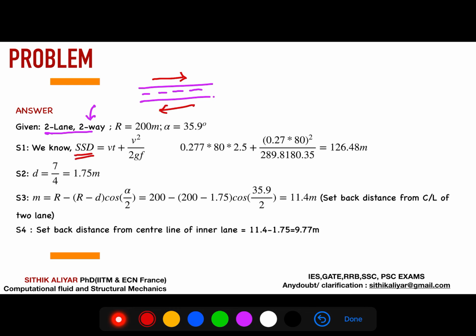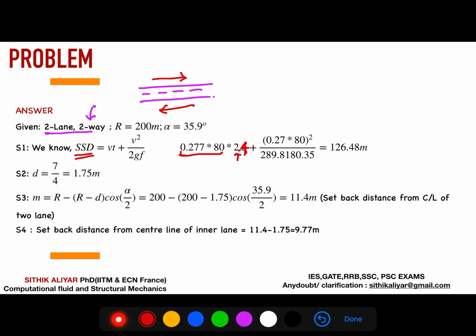We know the formula SSD is Vt plus V square by 2gf. V is converted from kilometer per hour to meter per second by 0.277 into 80. Reaction time is 2.4 seconds; anyhow, verify the question, it should be 2.5.